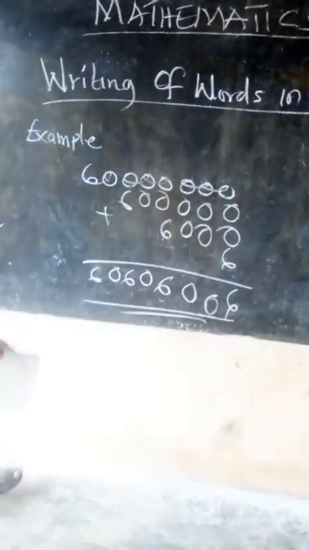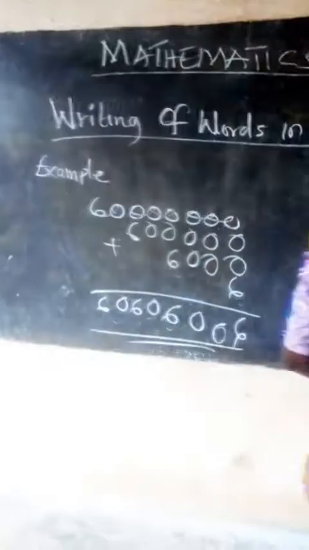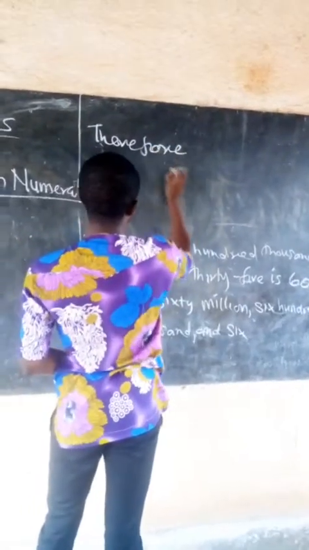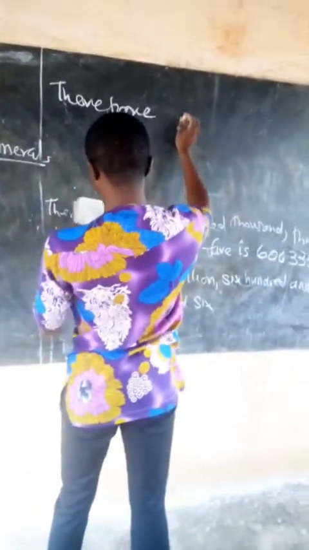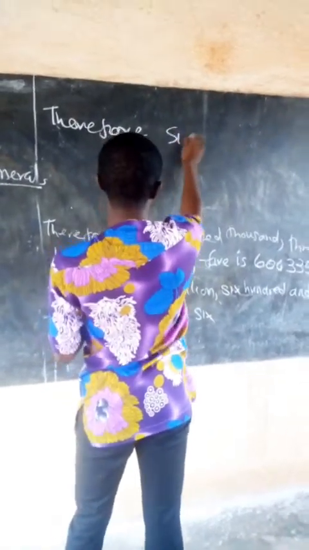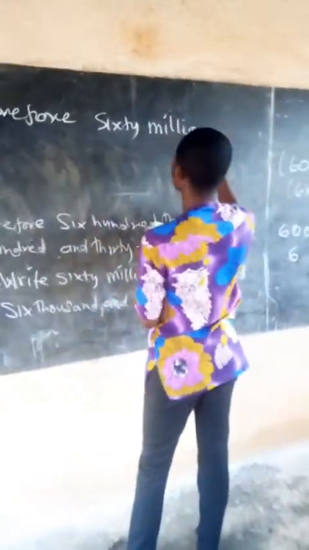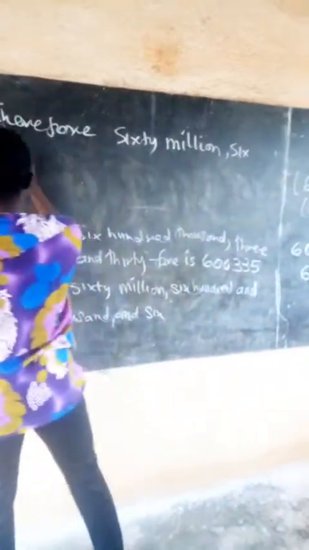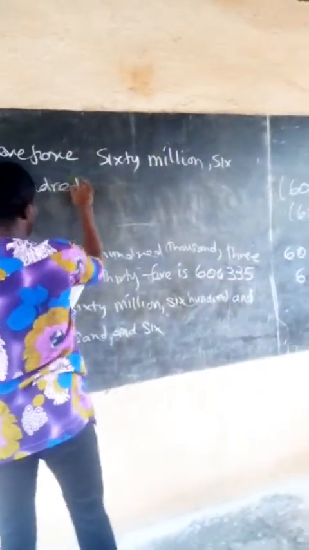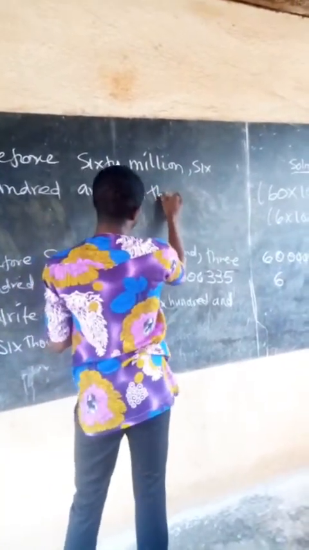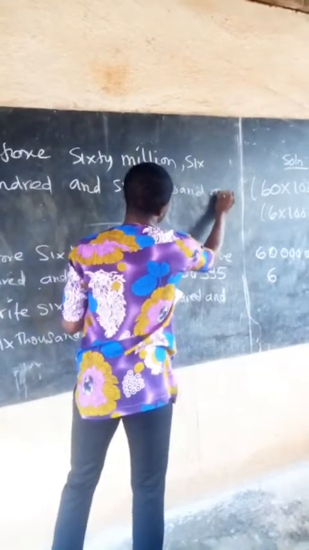So this is our final answer. Therefore, our final answer will give us 60 million, 600 thousand, 6 thousand, and 6.